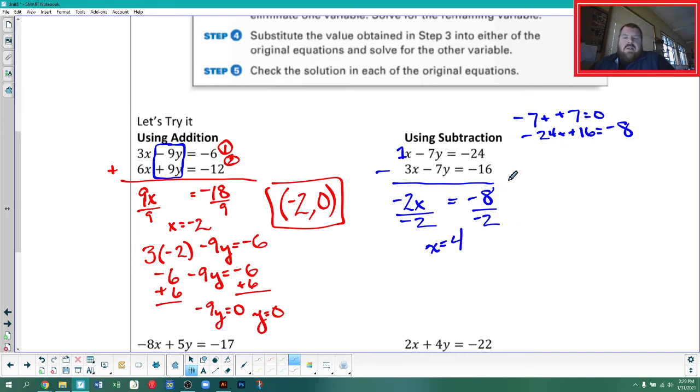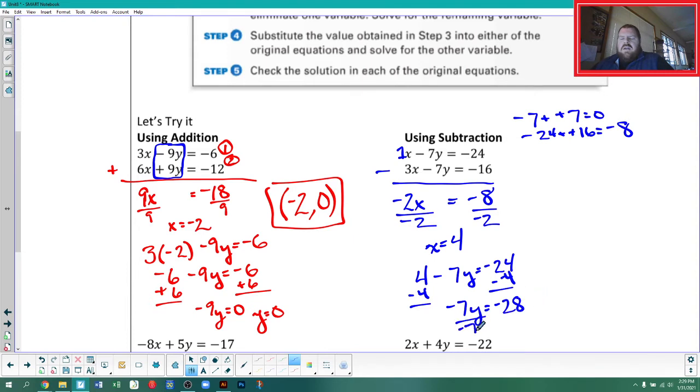Now I go back to one of my original equations and try to find out what y is. I'm going to pick the top one because it looks like 4 minus 7y is equal to negative 24. When I subtract 4 from both sides, I'm going to get negative 7y equals negative 28.